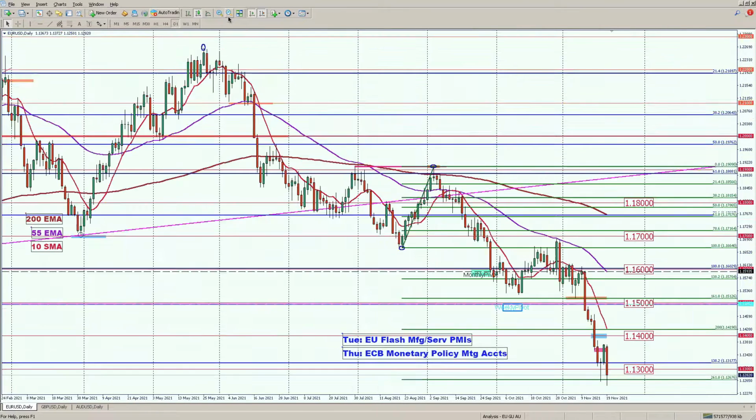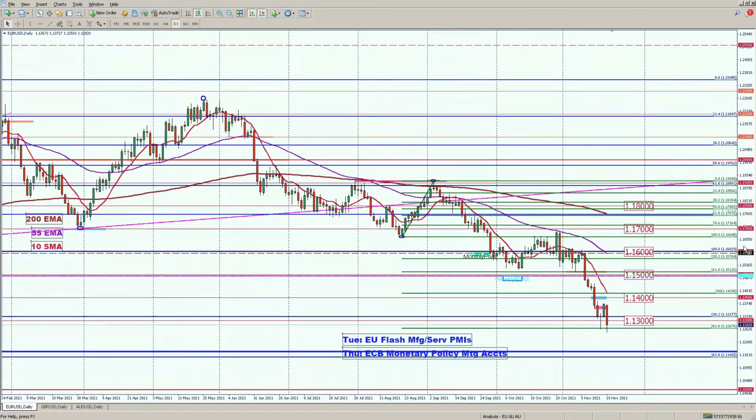Let's go back to the daily time frame and let's drag this down here a bit and identify this support zone. If it does get down to this area, 111.70 to 42.